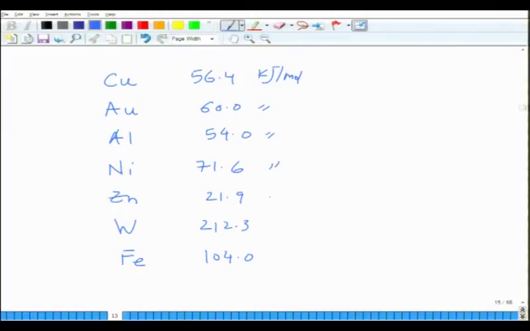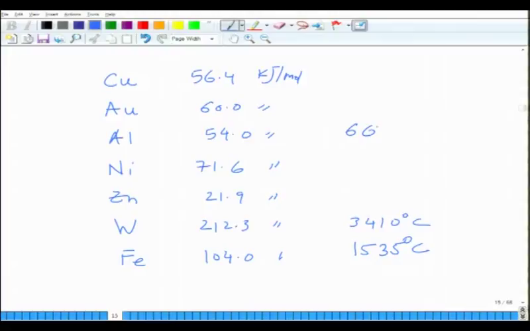And by our experience we know which has the highest melting point of these. So, tungsten has the highest melting point, 3410 degrees centigrade, which is very high. Iron, of course, you know that it is 1535 degrees centigrade.